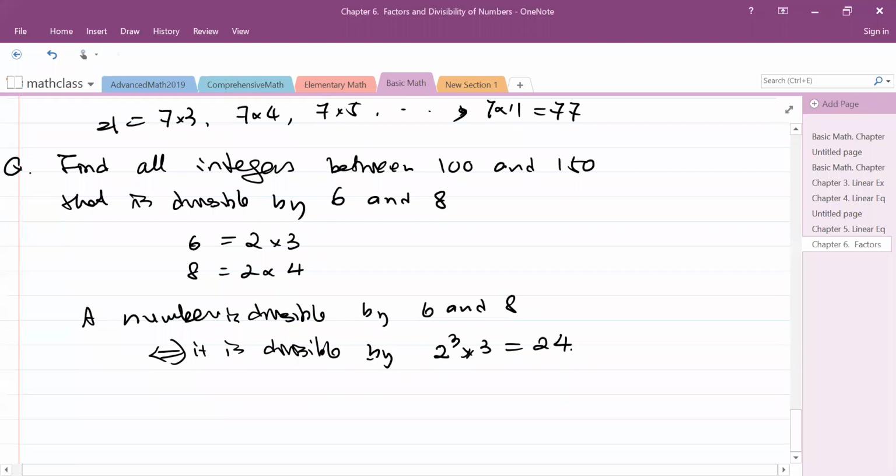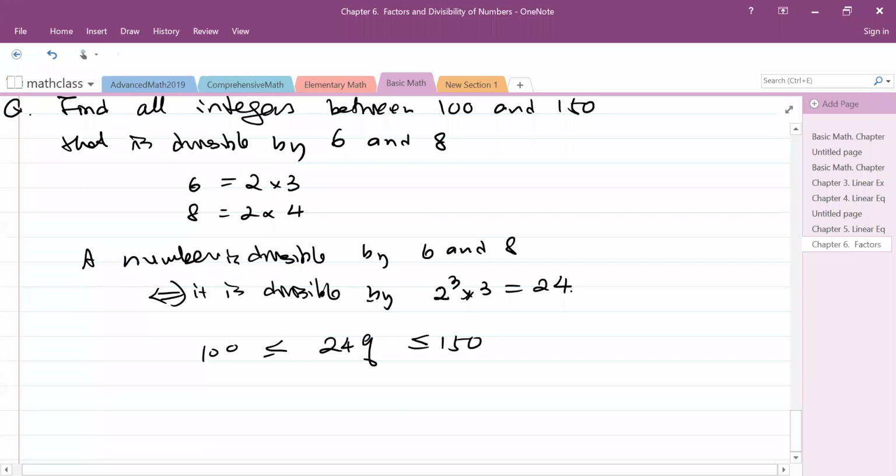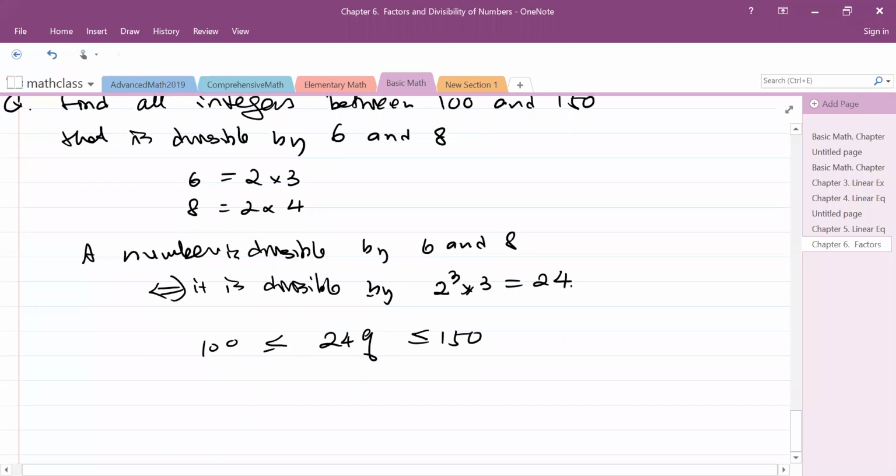Now can you do the problem? So 24 times some q, right? It should be between 100 and 150. You can find the smallest value for q and the largest value for q. Okay, you use a division.